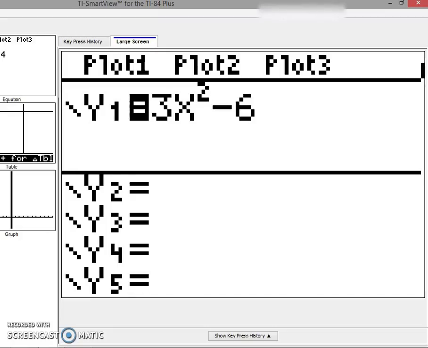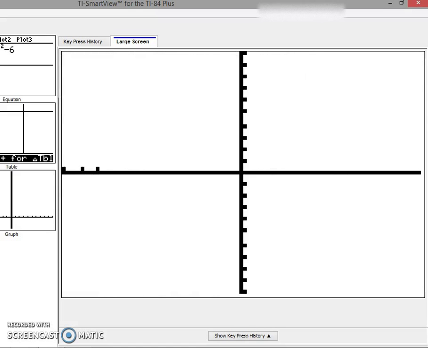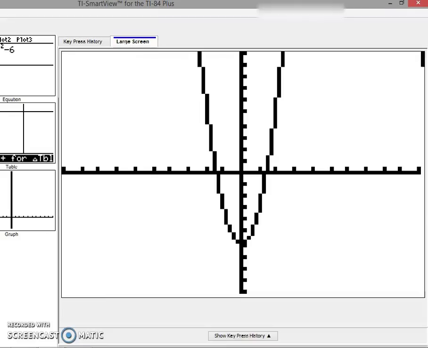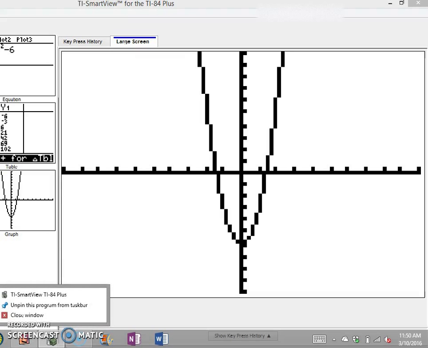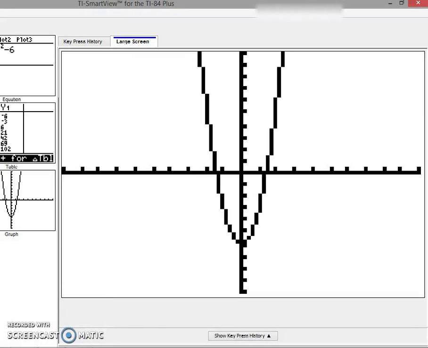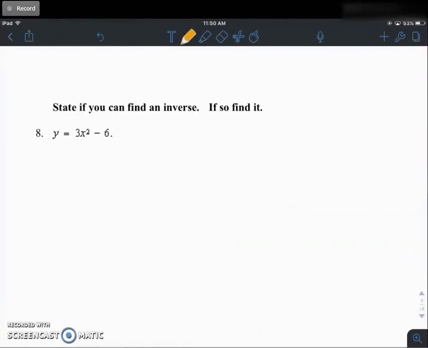I'm going to change my window back to standard. If it's already standard, you don't have to worry about it. So there's that graph. So I'm just going to sketch it on ours.